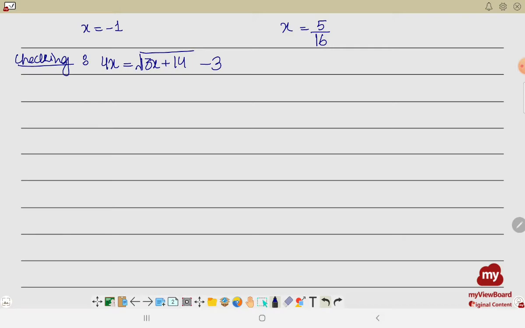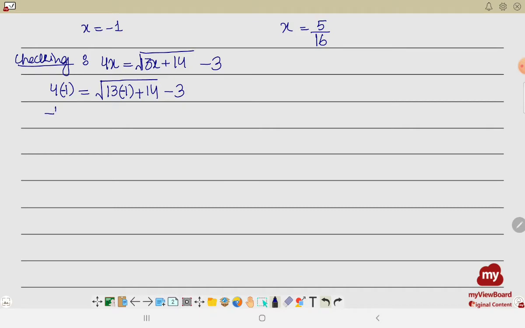Now instead of x, we'll insert 1 first. So square root of 13 into 1 plus 14 minus 3. Sorry, it was minus 1. We just have to insert minus 1 instead of x.